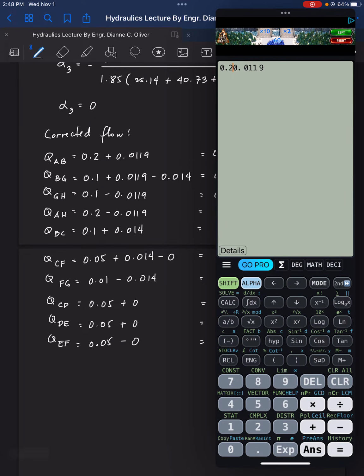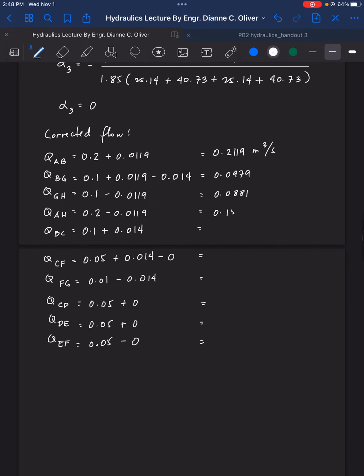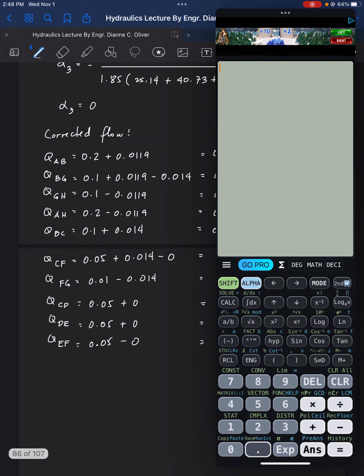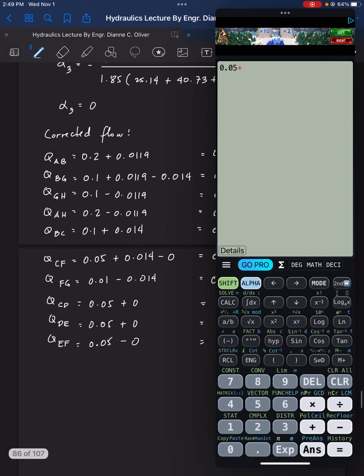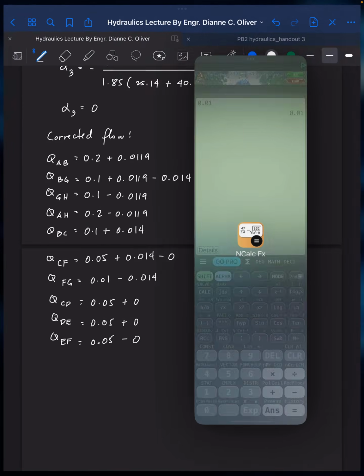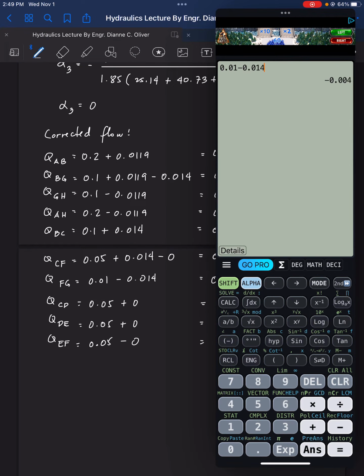Next, 0.2 minus 0.0119, that is 0.1881. This is 0.114. Then 0.05 plus, that is 0.064. This one here is 0.01 minus 0.014, or 0.